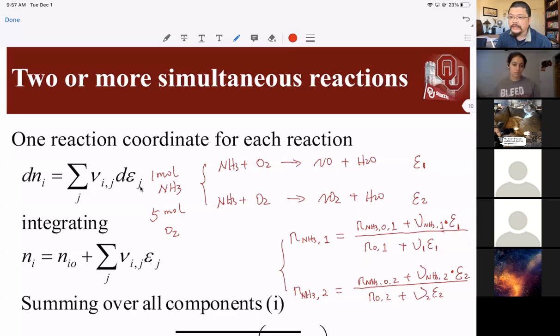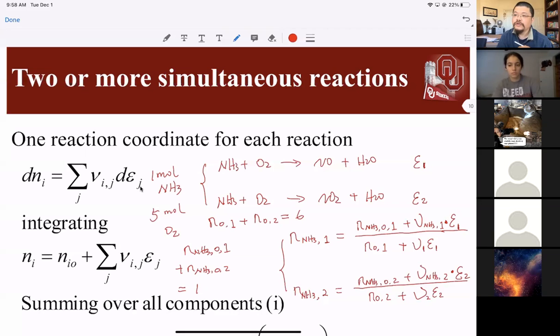Well, we don't know that, but we are going to know that this N ammonia initial of 1 plus N ammonia initial of 2 should be 1, right? That we know. And we also know, if I know this is 1 mole of ammonia and 5 mole of oxygen, then I know that the initial of 1 plus initial of 2 should be 6.